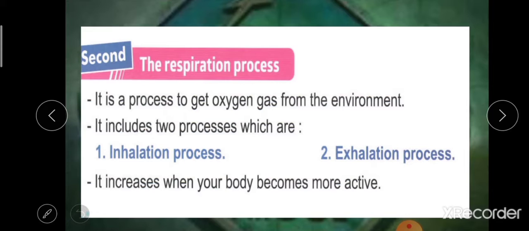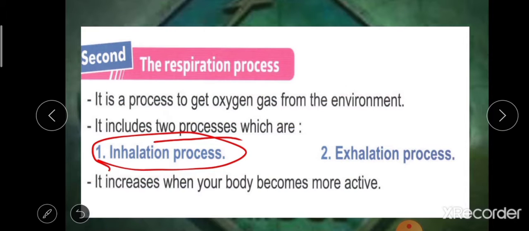It means the respiration process includes two processes. The inhalation process, by which air rich in oxygen enters the lungs, and the exhalation process, by which air containing carbon dioxide gas moves out of the lungs.